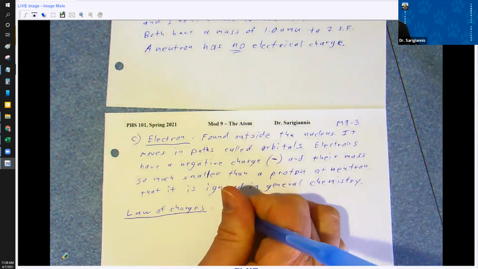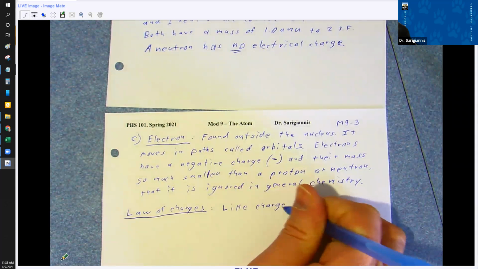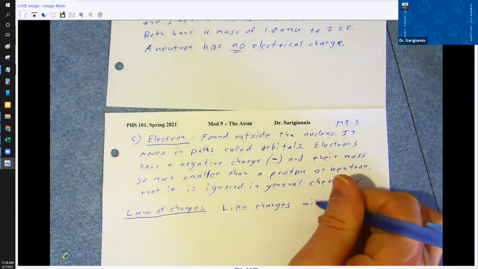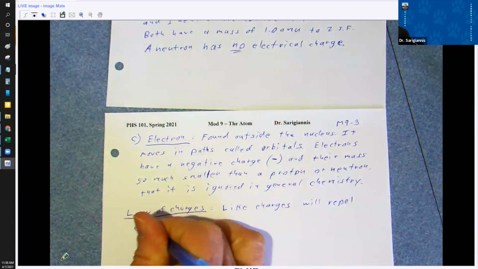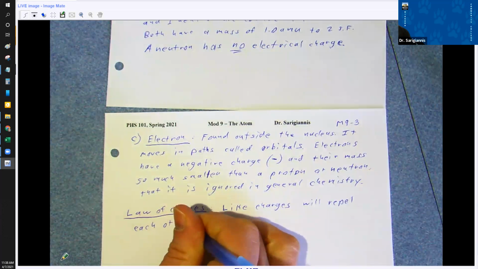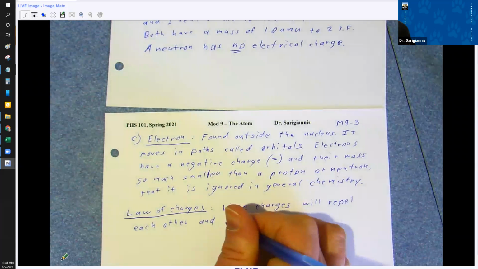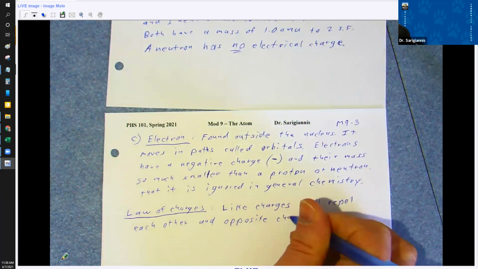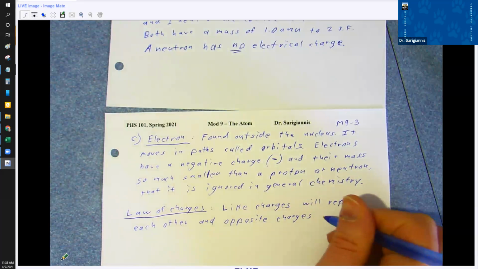In general, like charges will repel each other and opposite charges will attract each other.